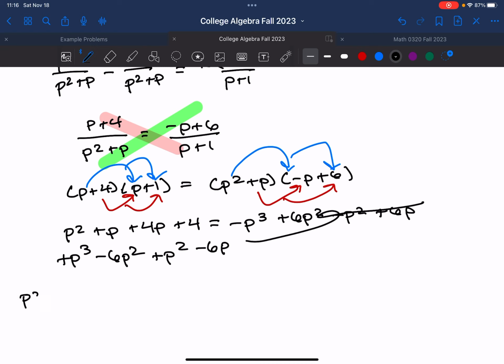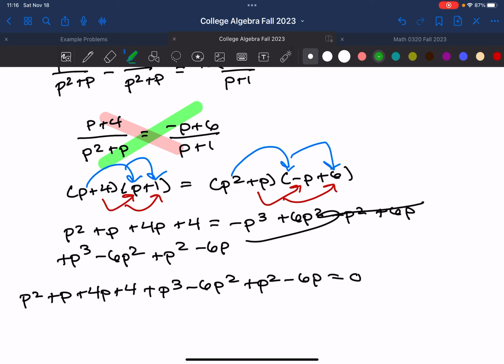So I have p squared plus p plus 4p plus 4 plus p cubed minus 6p squared plus p squared minus 6p equals 0. There's a lot of terms here, so in order to combine like terms, I'm going to just highlight all the ones that are similar. So here's all my p squares.